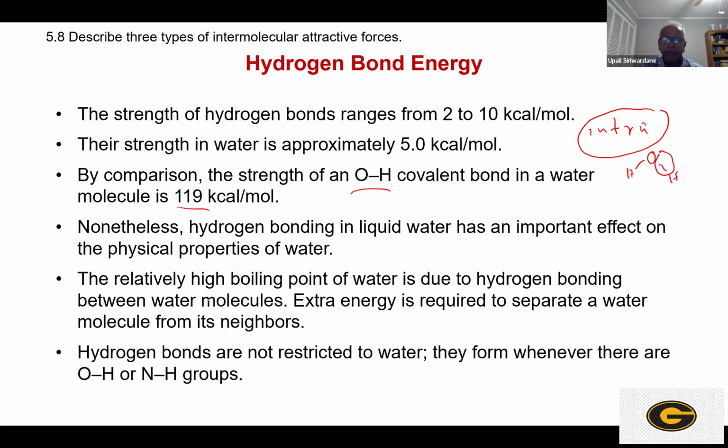For example, in DNA, where you find a double helix of nucleic acid, those two strands are held together by NH bonds between base pairs in each helix.